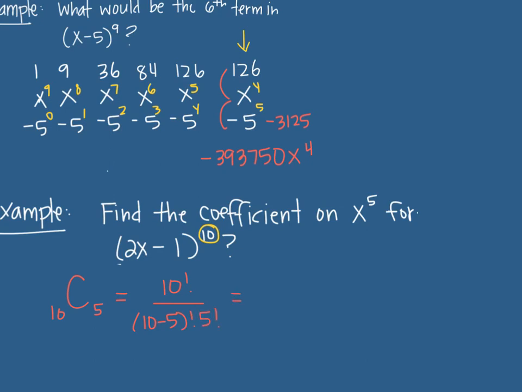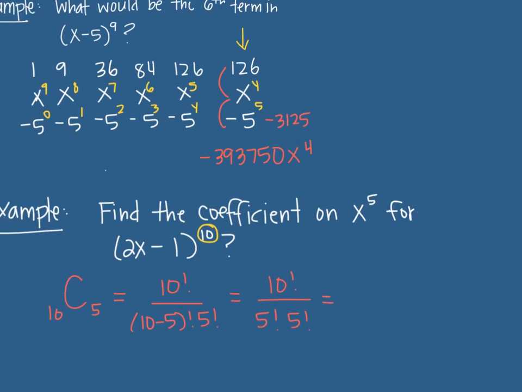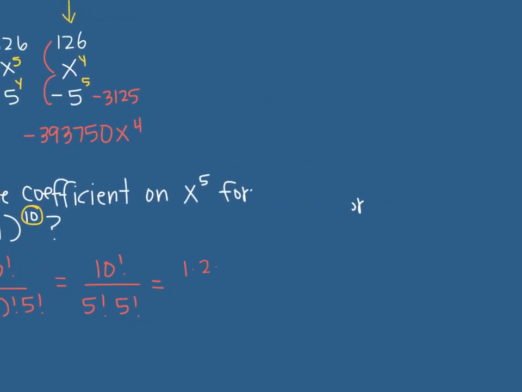So either you can work out Pascal's triangle, and you can do all those numbers and count them over, or you can do it this way. So this would be 10 factorial over 5 factorial over 5 factorial again. Let's remember how that goes. 10 factorial is 1, 2, 3, 4, 5, 6, 7, 8, 9, 10 over 5 factorial, 1, 2, 3, 4, 5, and then start over with 1, 2, 3, 4, and 5 again.